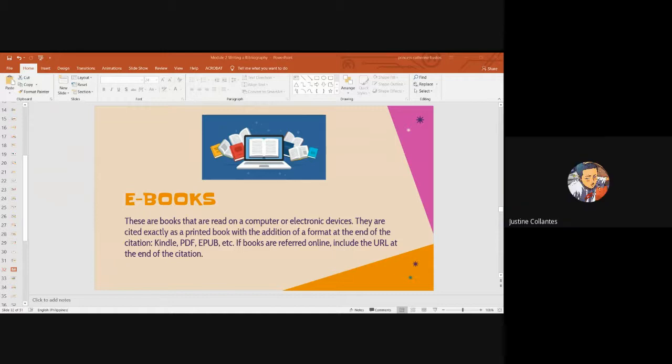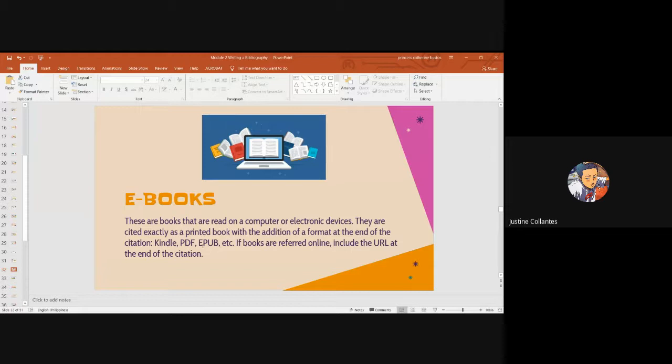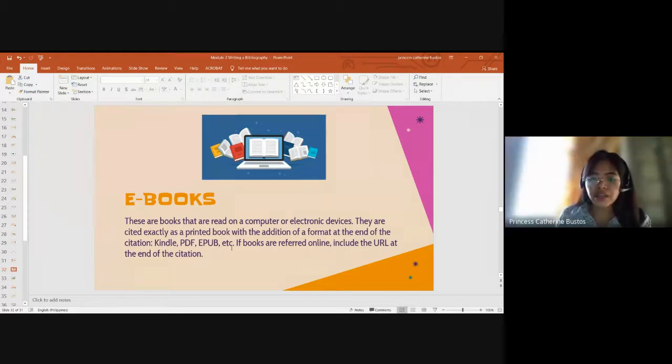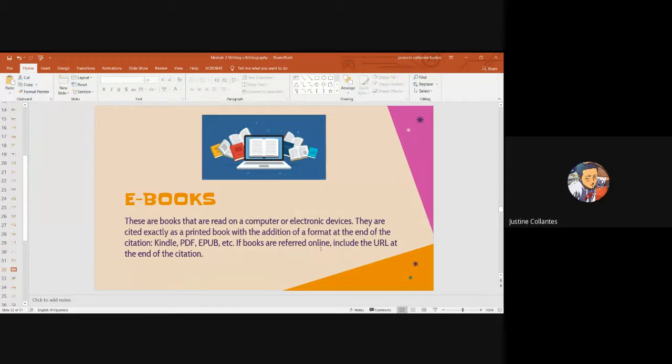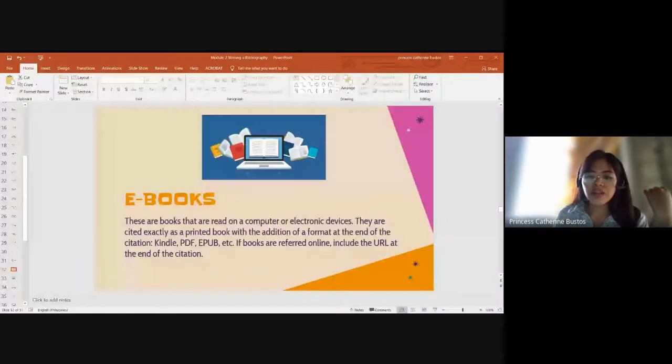They are cited like printed books with the format, such as MP3 of book, EPUB, etc. Include the URL at the end of the citation. Okay, thank you for that.